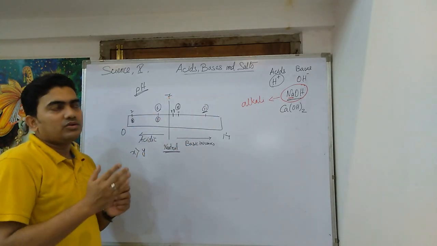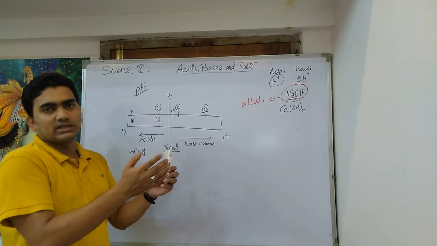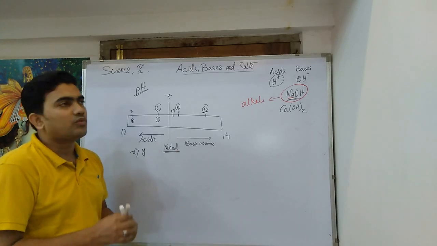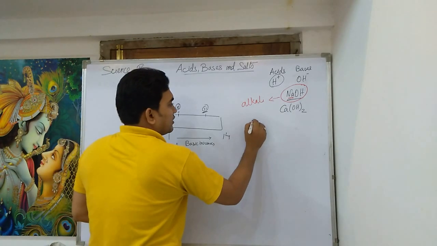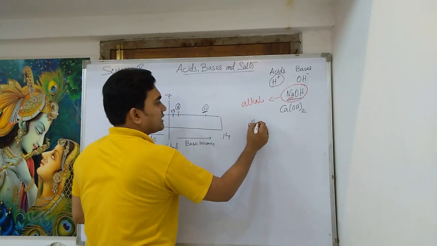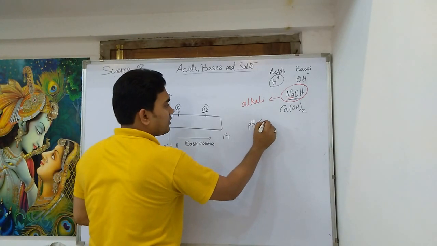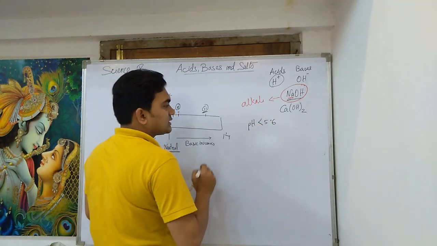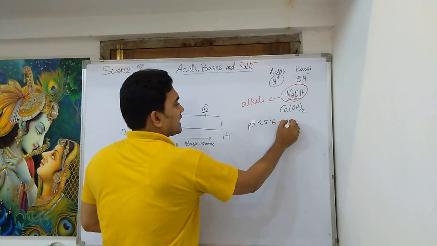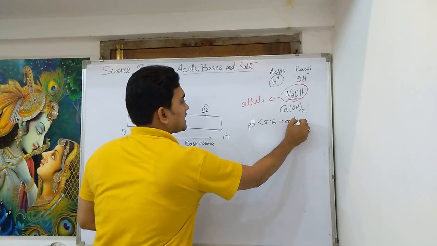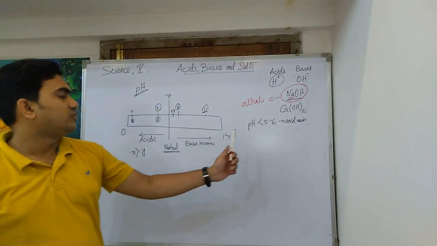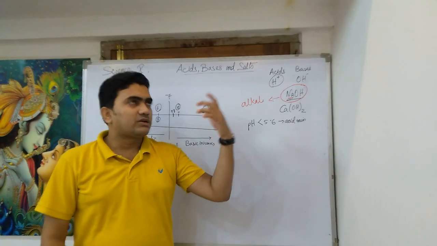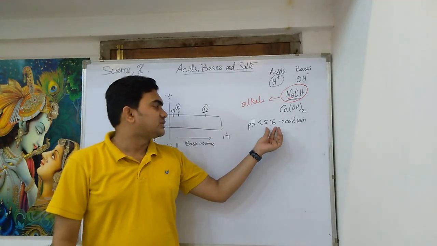But when exactly should we call the rain acid rain? When the pH value of rain has decreased below 5.6, then we call it acid rain.